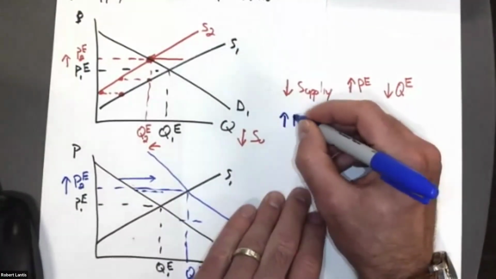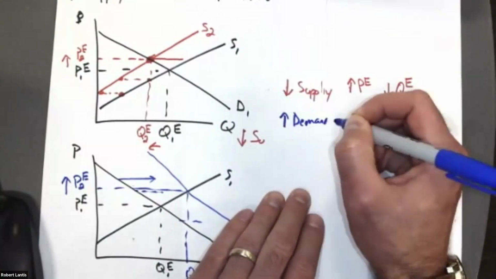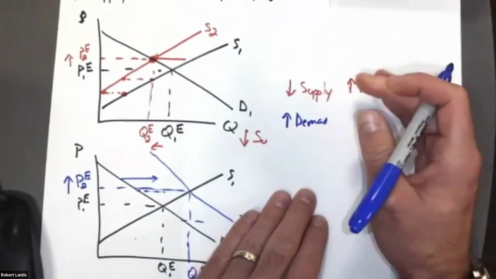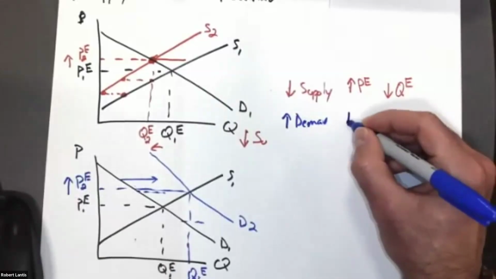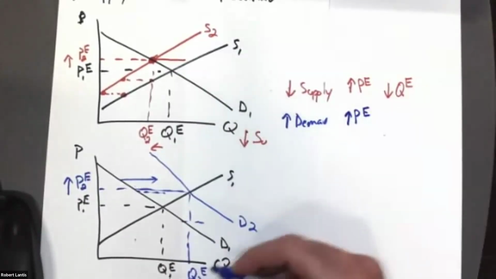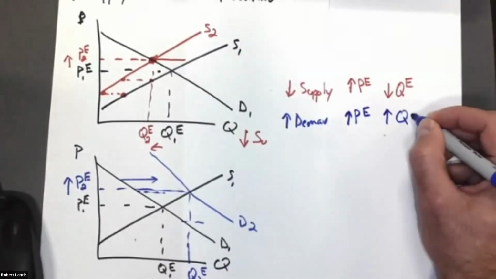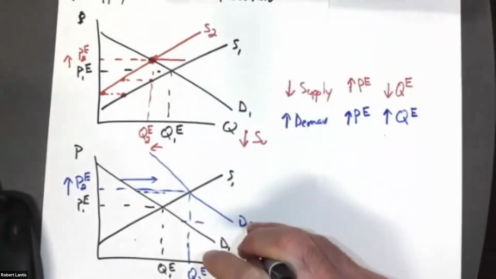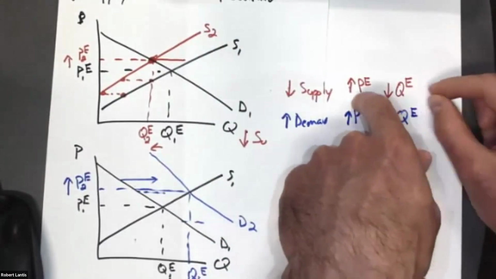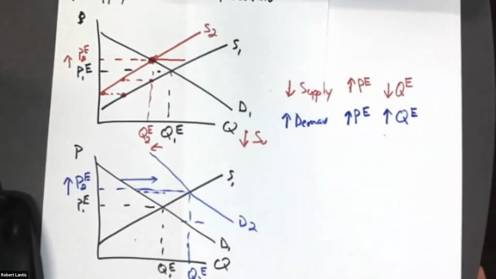So my demand increase caused my equilibrium price to go up, but it also caused my equilibrium quantity to go up. So whenever you have these simultaneous change examples, draw out each change and determine what impact that change had on the price and quantity.